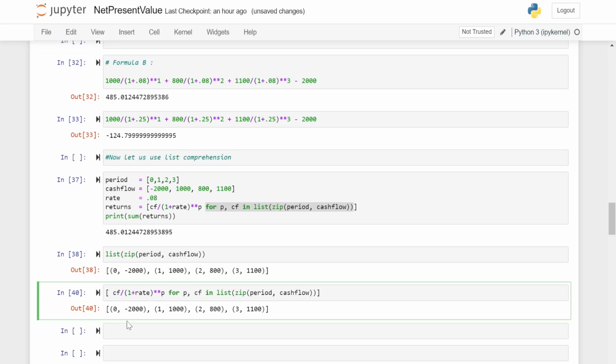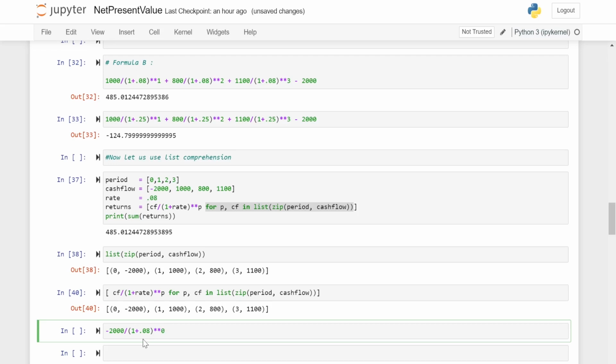Next. So what will happen? First it will be like this. Minus 2000 divided by 1 plus 0.8. Okay, put this within parenthesis and raised to the power of 0. Correct?